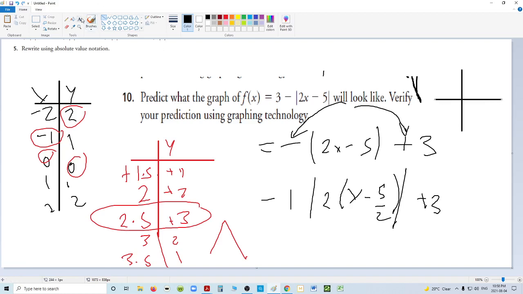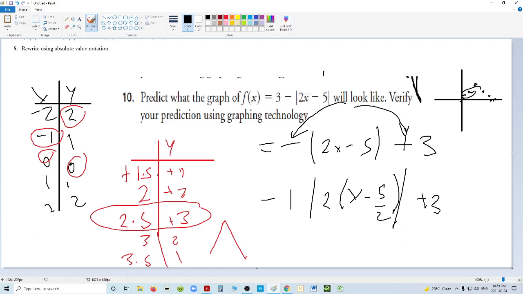The vertex is going to be at 2.5, 3. Then it's going to be 2, 2, and 3, 2. Then it's going to be 3.5, 1, and 1.5, 1. And I believe it's going to hit the 0 at 1. I got the numbers a bit wrong, but 1, and at 4.